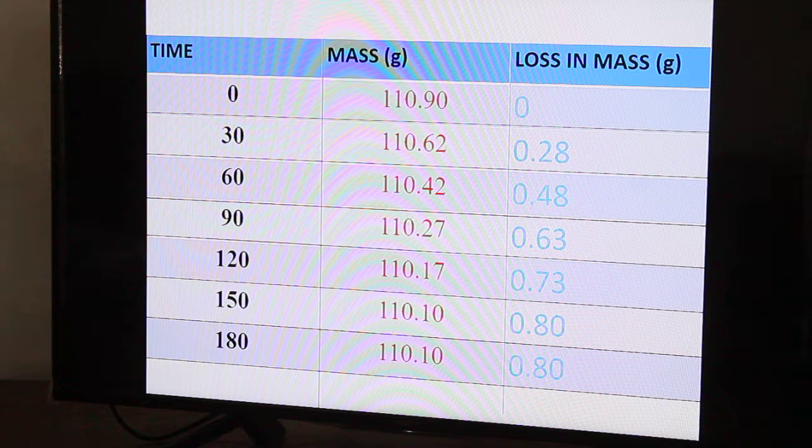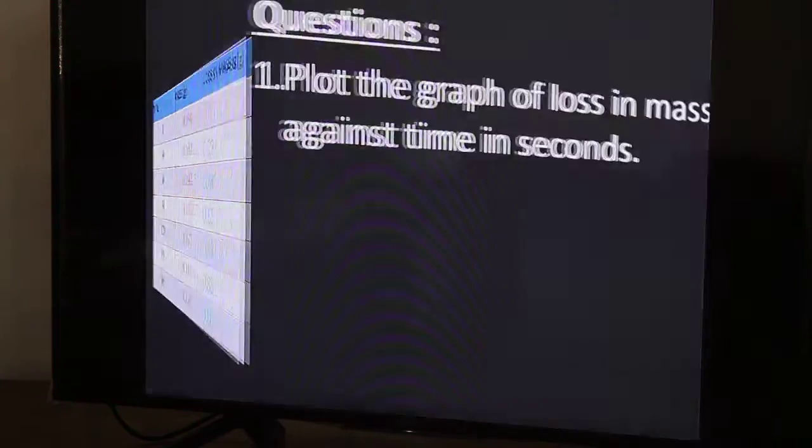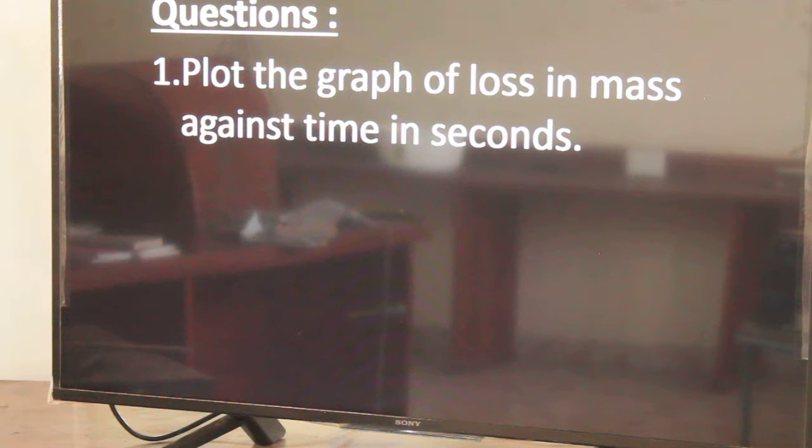And after recording those values, we were told to plot the graph of loss in mass against time in seconds.